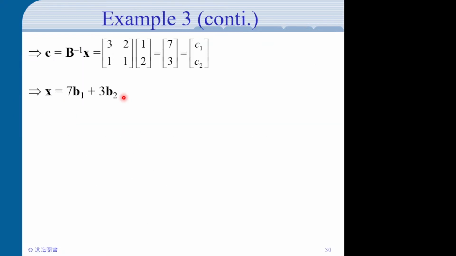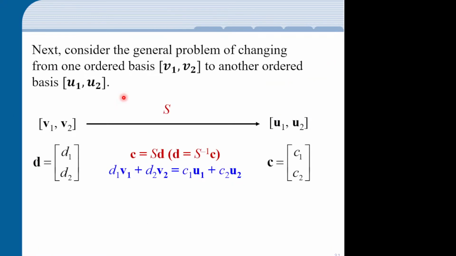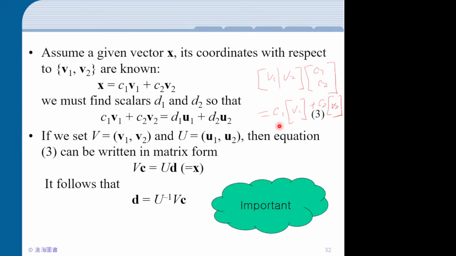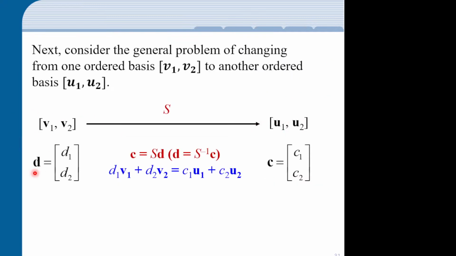Jumping ahead: if you have two bases U and V, and you want to find the transition from coordinates in V to coordinates in U, you first transform from coordinates in V to coordinates of x by applying the V matrix.